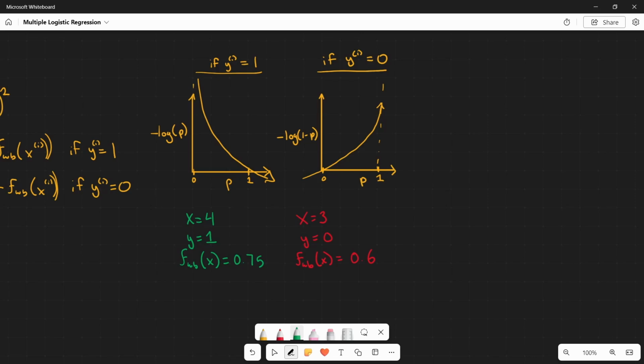Now, given these two students, notice how the first student had a true value of y equals 1, so their loss is going to be determined by this graph to the left. And the student who studied 3 hours failed the exam with a y equals 0, so their loss is going to be determined by this graph to the right.